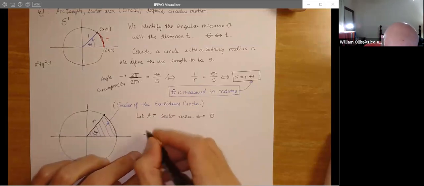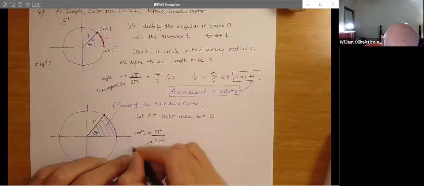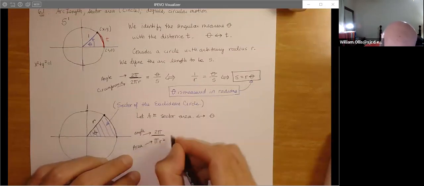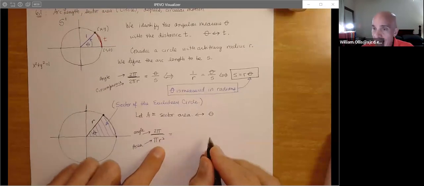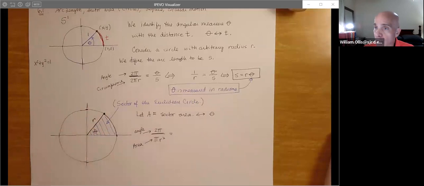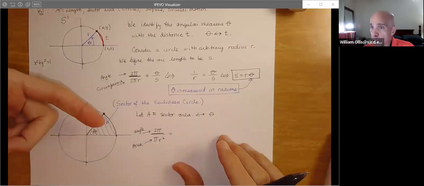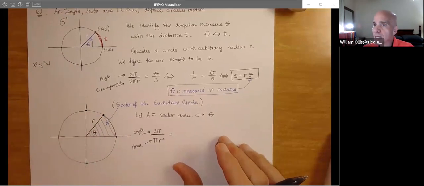This will be the central angle, and this will be the area. Now, this ratio has to be maintained if we simply chop up the circle. For instance, we could do half of the circle or maybe an eighth of the circle or something. So how are we going to set this up?